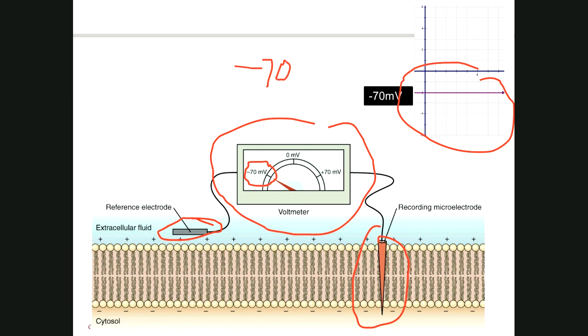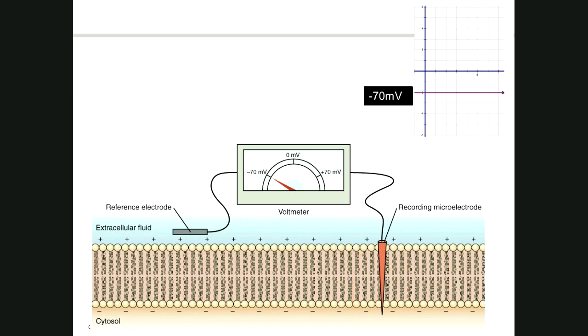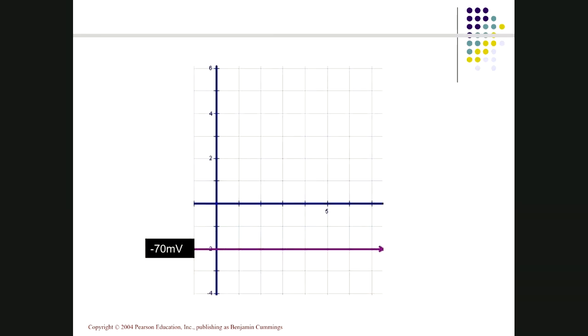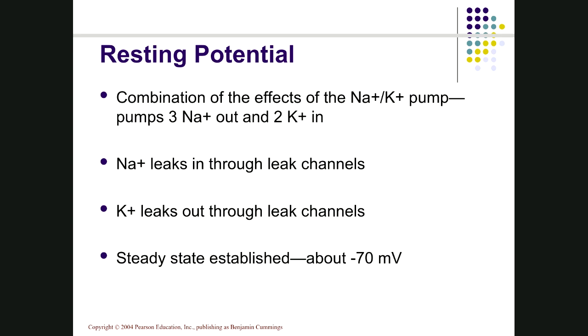And so if we graph it, because it's a steady state, it's not going to change. It's going to stay at minus 70. And that's exactly what we see here. So this is resting potential. And that's about where we stopped last time.